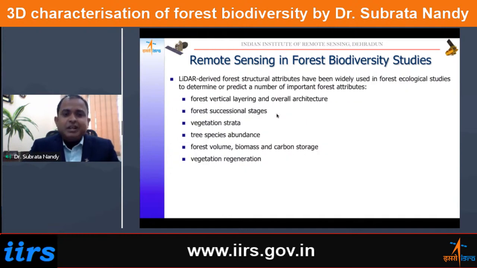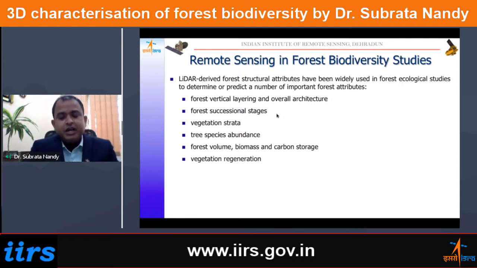Basically, LiDAR-derived forest structural attributes have been widely used for many ecological purposes, like forest vertical layering, overall architecture of forest, identification of various successional stages of forest, stratification of forest, tree species awareness, and of course volume, biomass, and carbon. Most of the studies are based on volume, biomass, and carbon storage, as well as on vegetation regeneration.